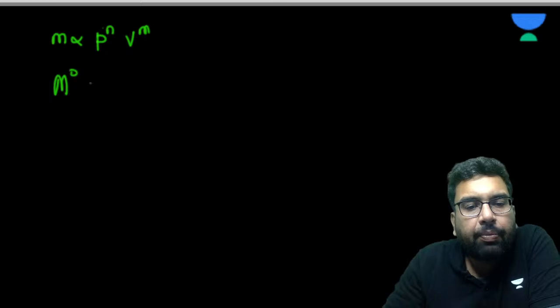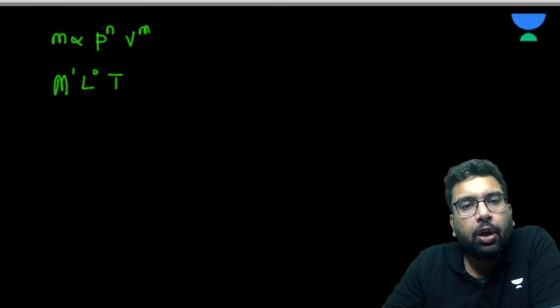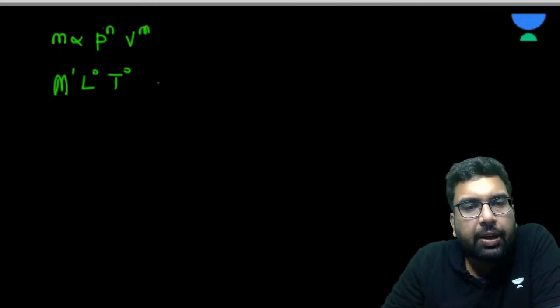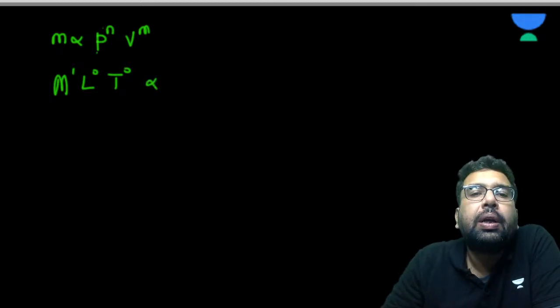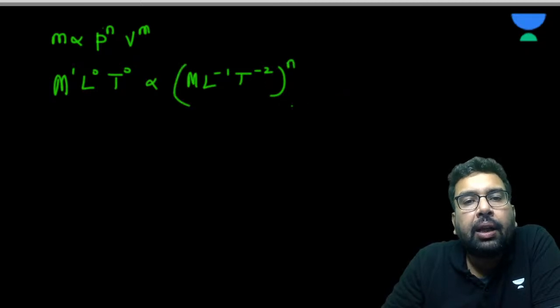So it is M^1 L^0 T^0. What is the dimension of pressure? Pressure is force per unit area, so MLT^-2 divided by L^2, which becomes ML^-1T^-2 to the power n, and v will be LT^-1 to the power m.